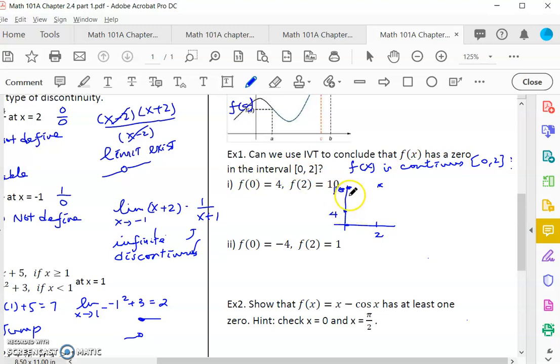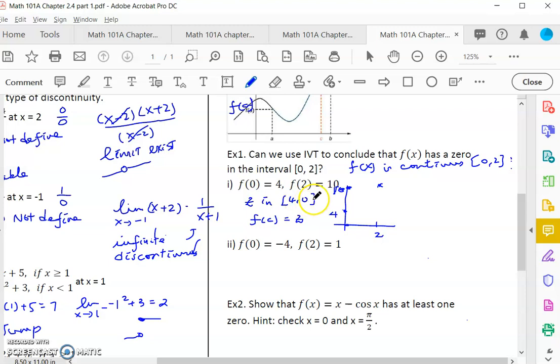Because 4 to 10, in IVT, just guarantees that for values from 4 to 10, we can find c such that f of c equals z. But z is not 0, right?